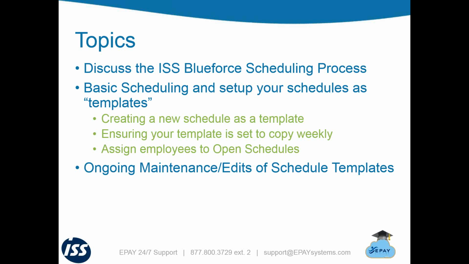So we're going to create a new schedule as a template. Then we're going to ensure that template is set to copy weekly, in which the system automatically does that for you. So there's nothing you have to go back in there and do once you have it set correctly. And then we're going to talk about assigning employees to open schedules. So we're going to go through all those steps, and then we're going to wrap it up with a quick discussion on ongoing maintenance and how to go back and edit the schedule templates.